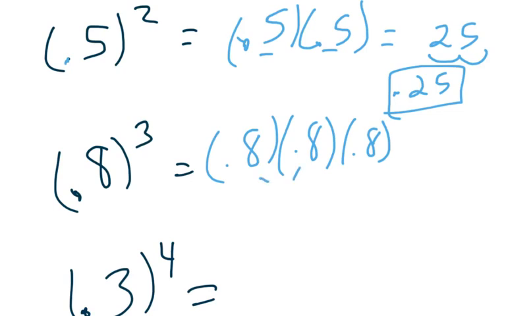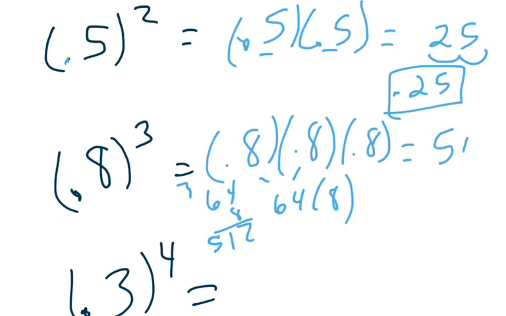If you have 0.8 to the 3rd power, that means you have 0.8 times 0.8 times 0.8. This times this gives you 64, times 8. And 64 times 8 gives you 2, carry your 3, 48 plus 3 is 51. So that gives you 512.